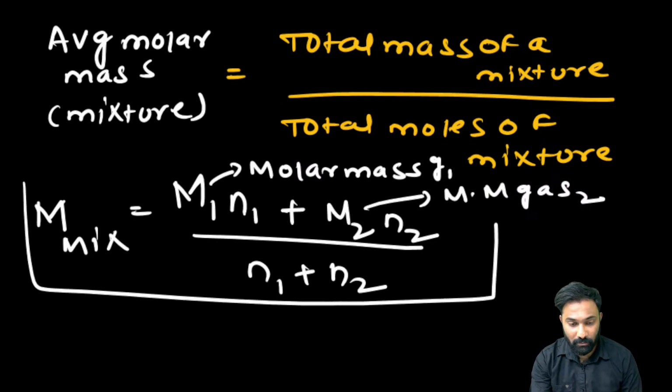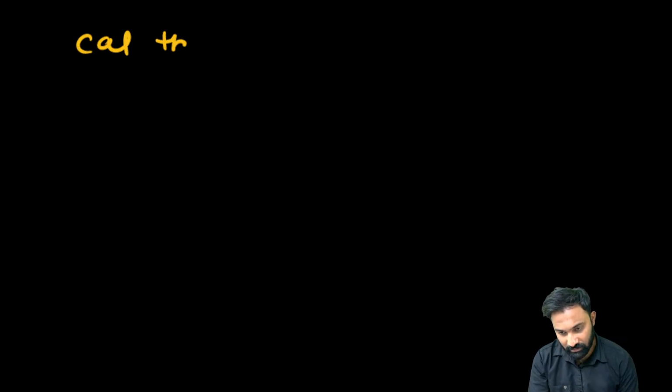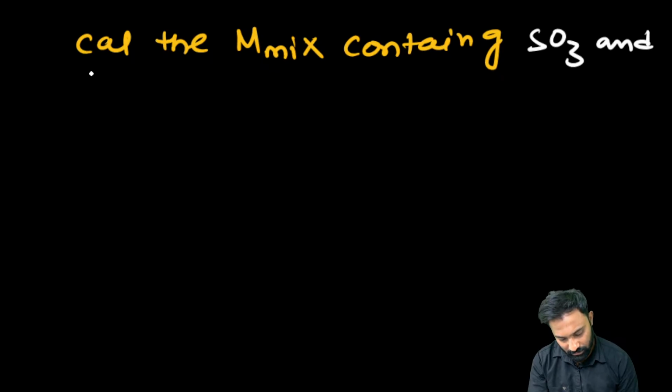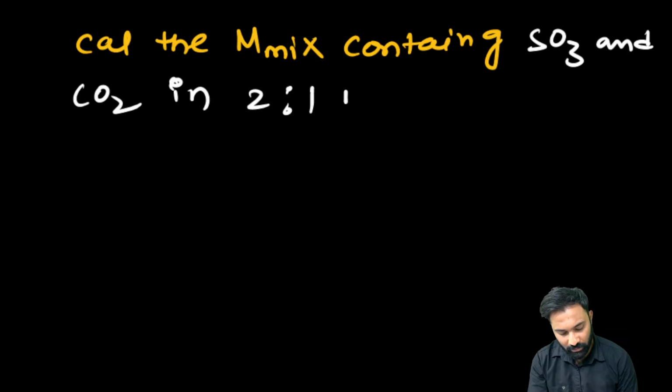Depending upon this formula, now we are going to see how the question will be asked. First of all, calculate the M mixture, the average molar mass of a mixture containing SO3 gas and CO2 gas in 2:1 mole ratio.